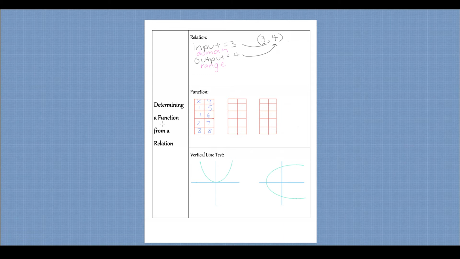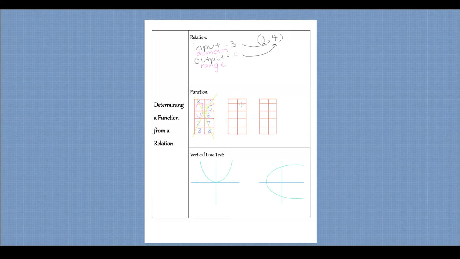When you look at the input over here, you see that you have 2 of the same x values, and each of these 2 x values corresponds to a different y value. So one x value corresponds to 5, but the other x value corresponds to 6. Since there are 2 x values that correspond to different y values, this cannot be a function.